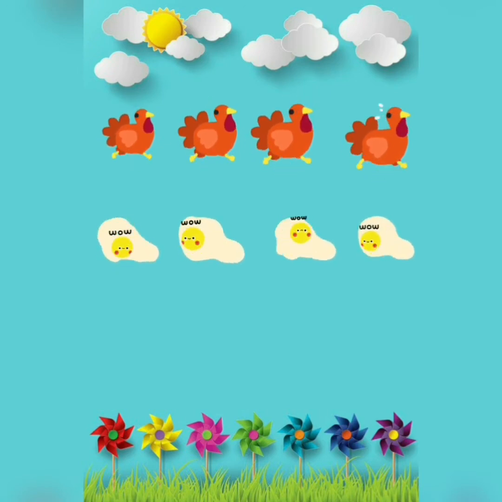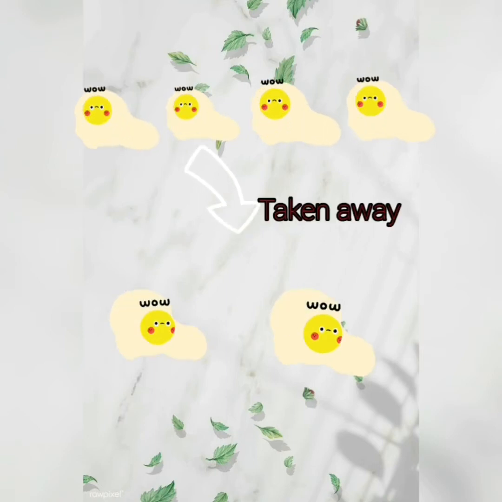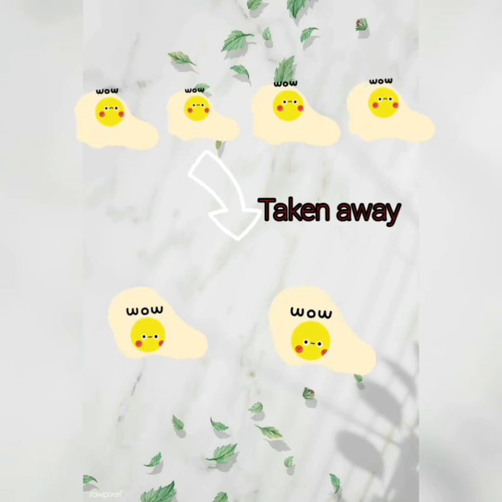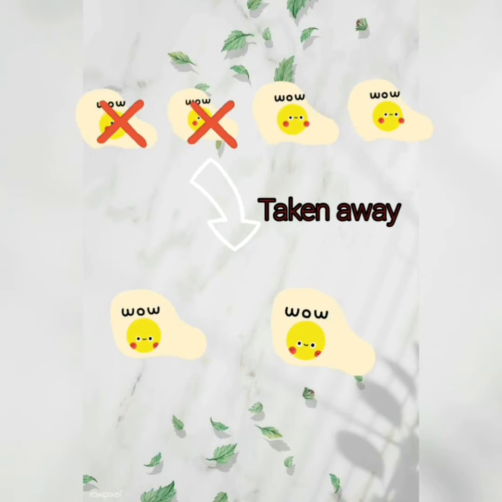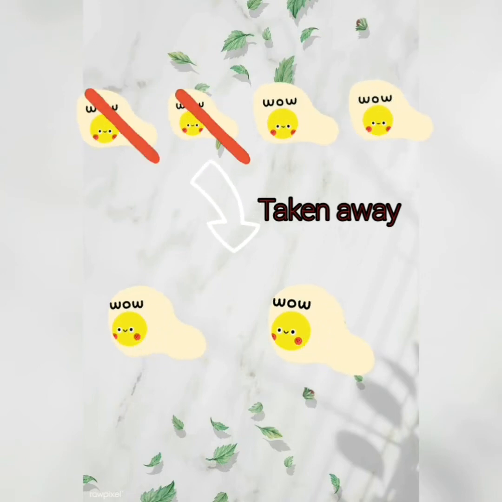If we take out 2 eggs from these 4 eggs, the remaining eggs are 2. So for subtraction we take away a number from the total number, and the remaining number is the answer.